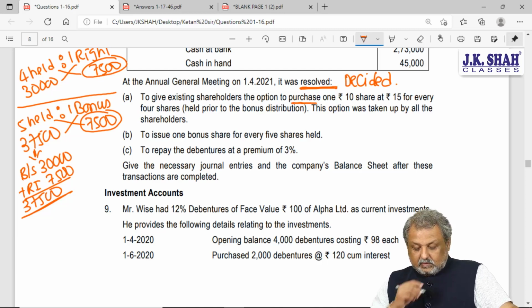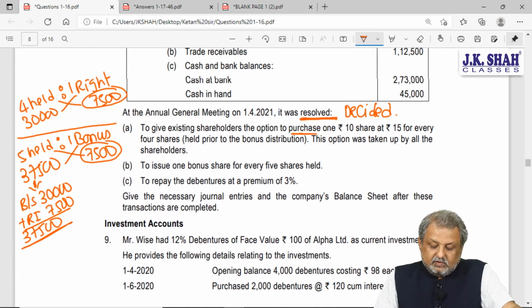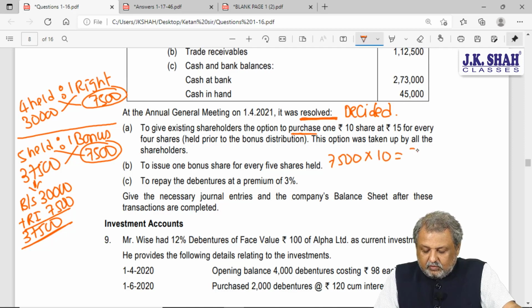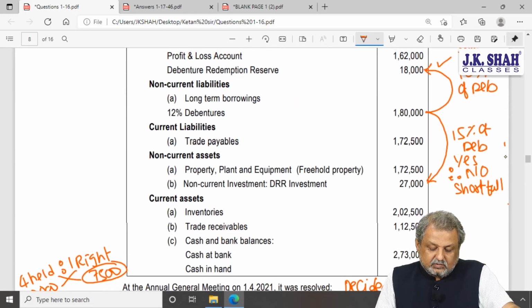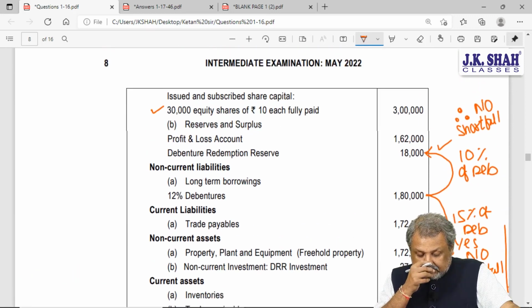Finally, the 7,500 shares that you are getting as bonus, 7,500 into 10, amount of bonus 75,000. First you should use CRR. CRR is not given in the question, not there.